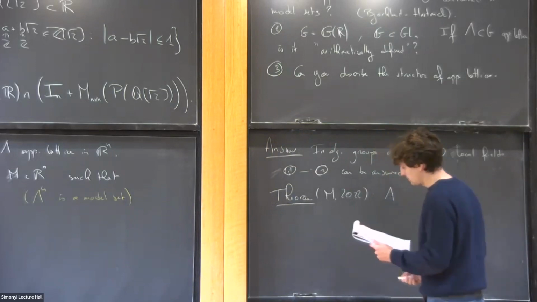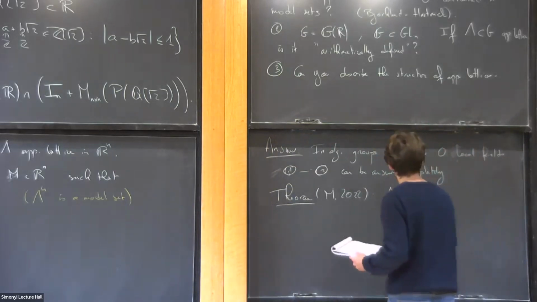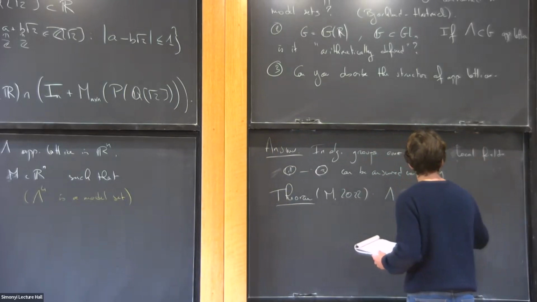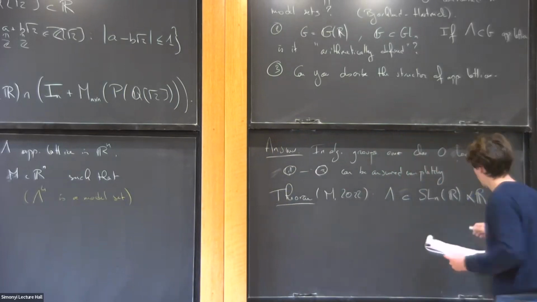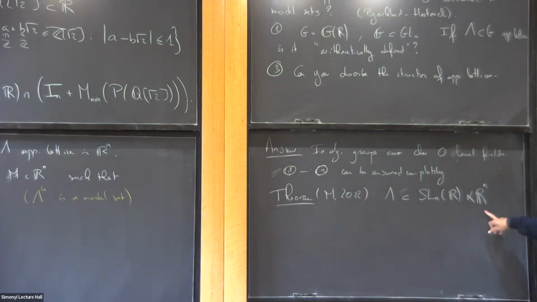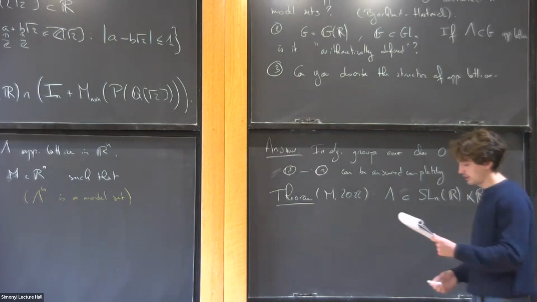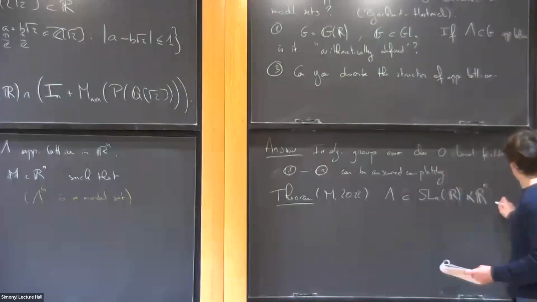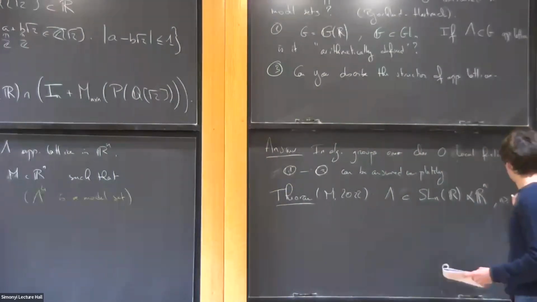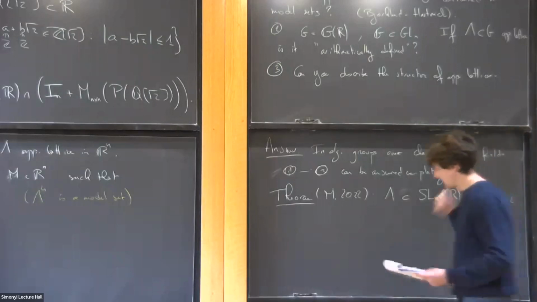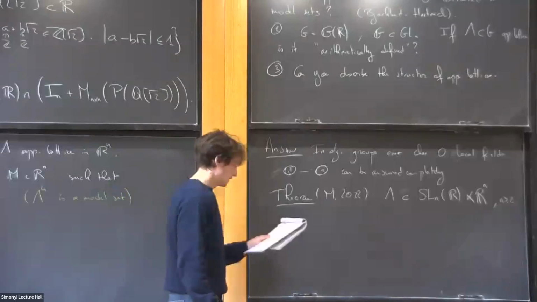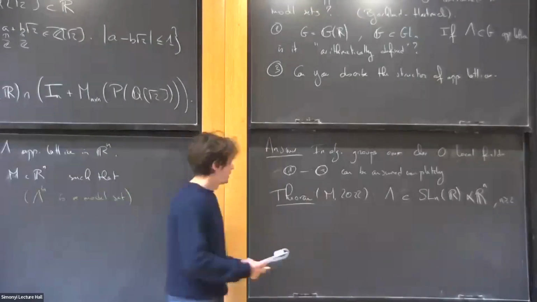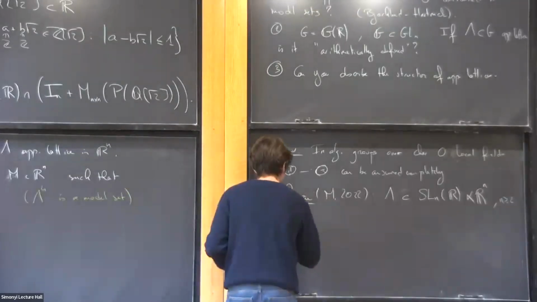I'm going to have lambda in the group of affine transformations of R^n that are volume preserving. It's a nice group, fairly natural. I'm going to look at it for n greater than 2 because n equal 1 is not extremely interesting, but it's Meyer's theorem. Okay, so lambda an approximate lattice.